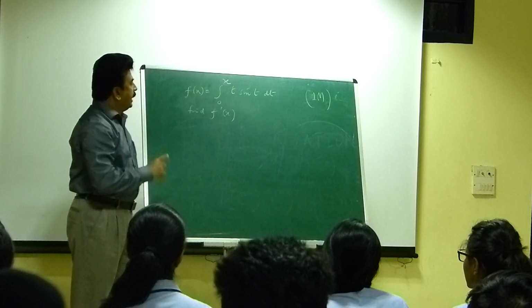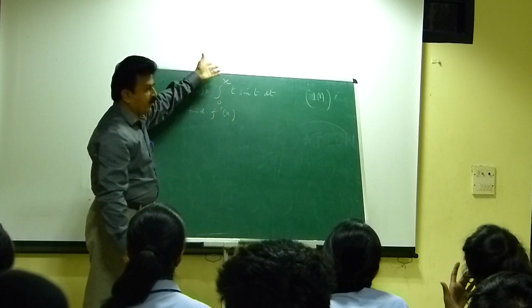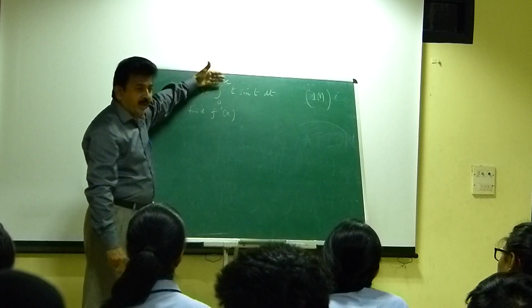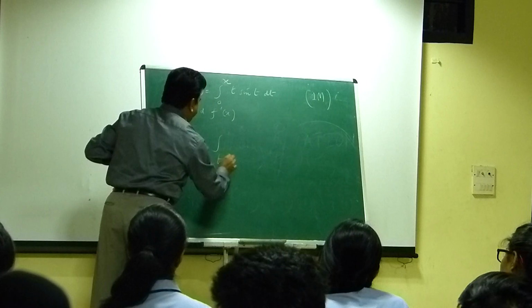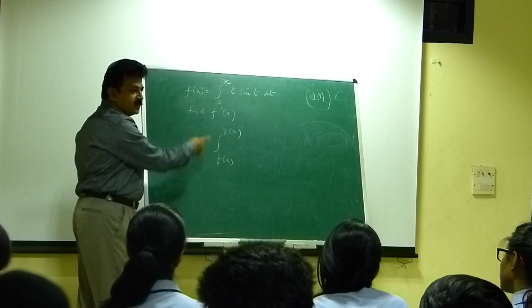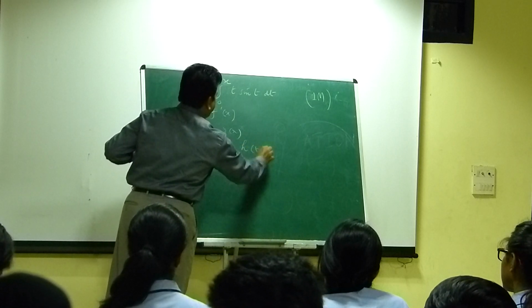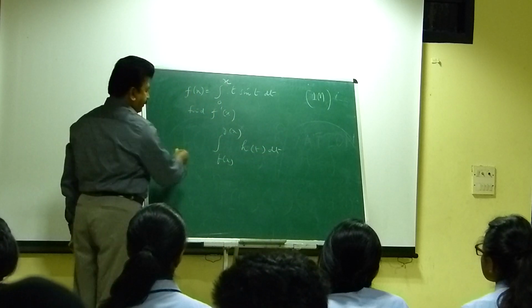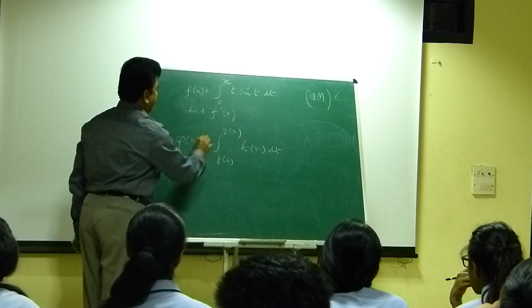Given f of x as this kind of integral, from 0 to x or 1 to x or some constant, a function of x as the upper limit, where the limit can be a function of x, like from f of x to g of x, with some other function of t, some h of t, dt, and suppose I say this is some function phi of x.